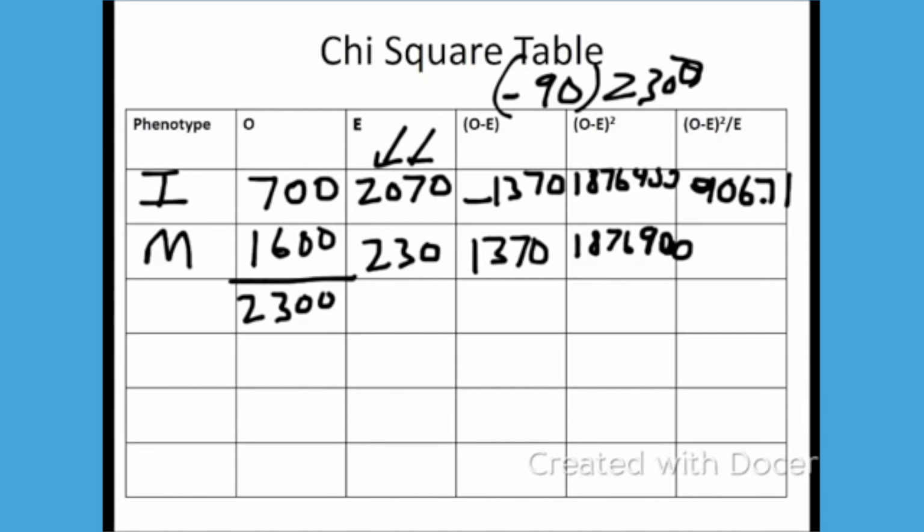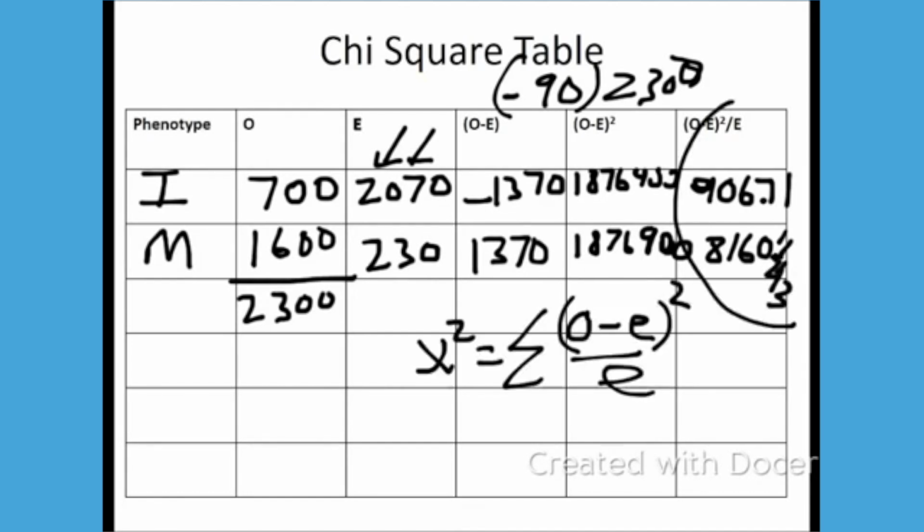We'll do the same thing for the mitosis, 1,876,900 divided by 230, and that gives us 8160.4. All right, so once we add up that final column, we get a chi-square statistic of 9,067. I'm going to round it to the tenths place, 0.1.